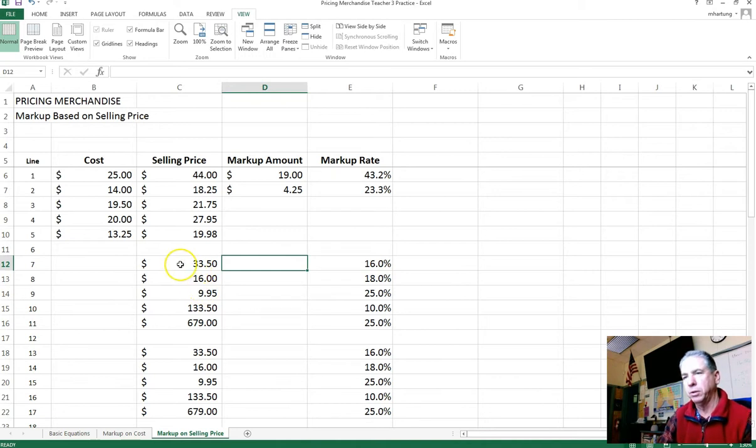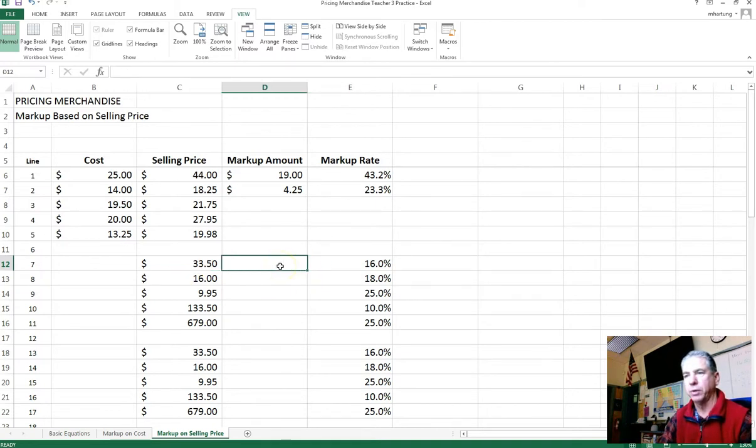So if our selling price is $33.50 and the markup rate based upon selling price is 16%, then the cost of that merchandise has got to be, in this case, 84%, because everything has to add up to 100%, and based on selling price, the $33.50 is our whole amount.